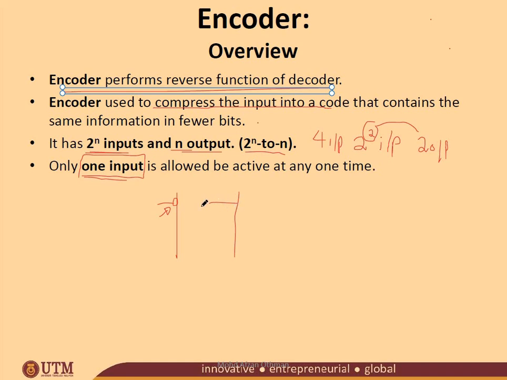So you need to know the differentiation simply by looking at the bubble. For these encoders, only one input is allowed to be active. However, sometimes there may be one or more inputs active, so that requires a different type of encoder, which is the priority encoder.